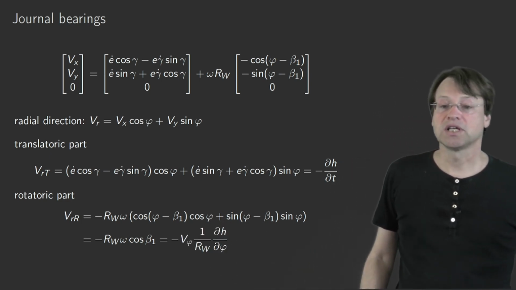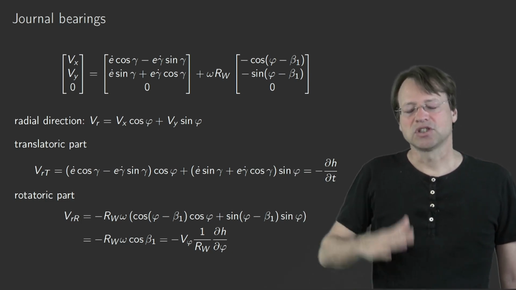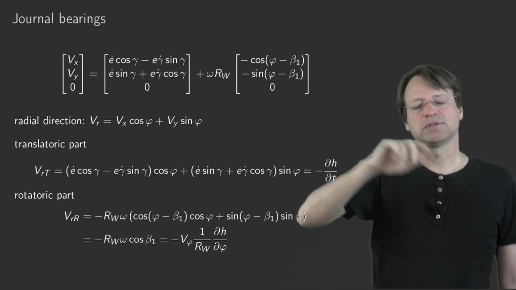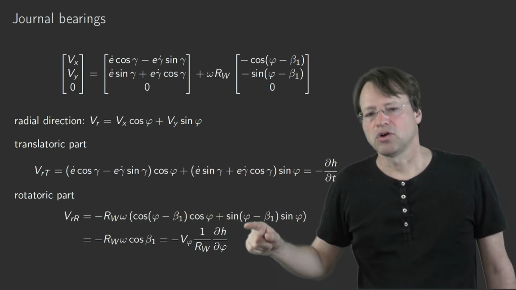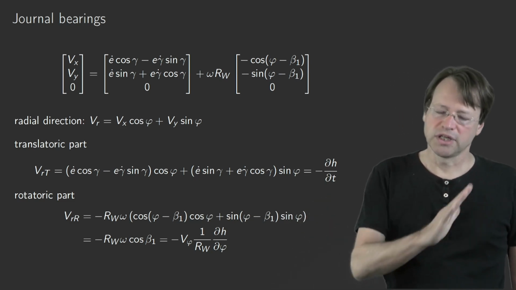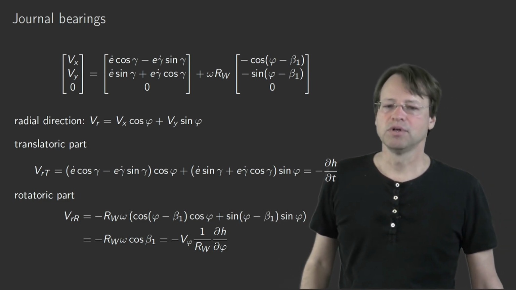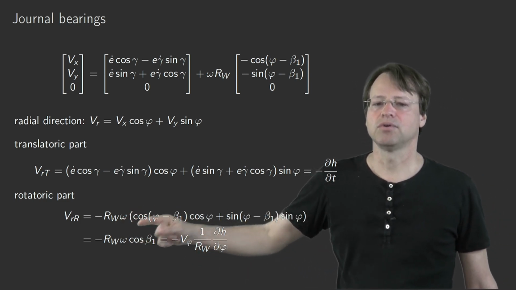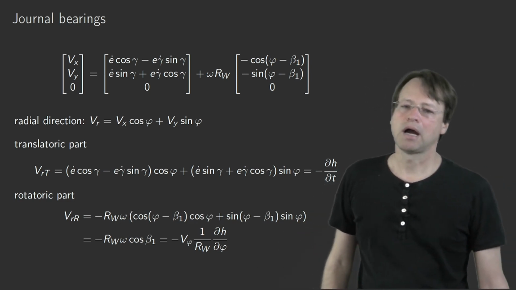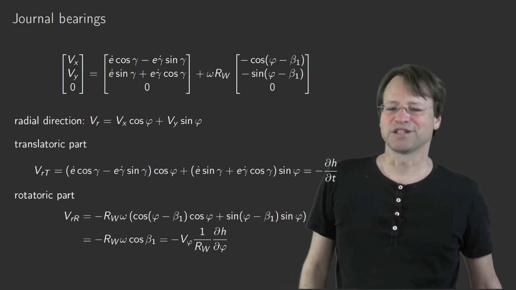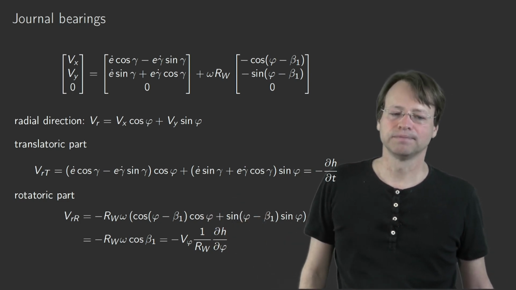And now we get an understanding of what happens in radial direction. For the translatory part, it's the change of the lubrication gap with respect to time. For the rotatory part, it's the change of the lubrication gap in circumferential direction multiplied by 1 divided by r sub w. And for r sub w omega, I abbreviated this expression by our approximation of the velocity in circumferential direction.